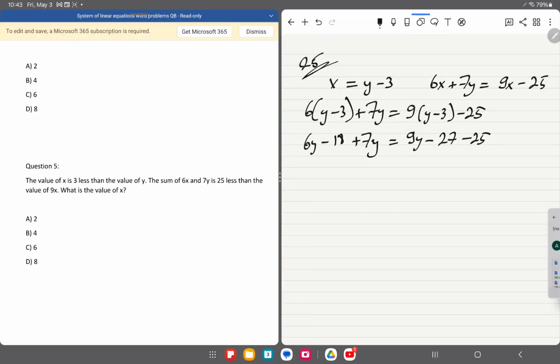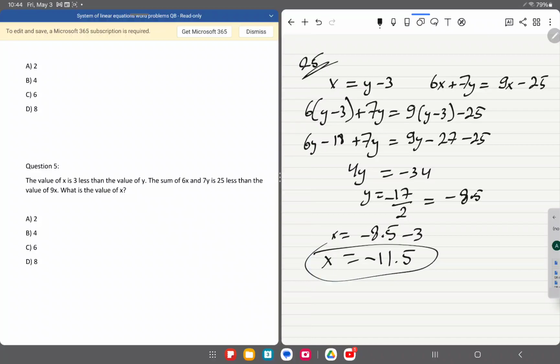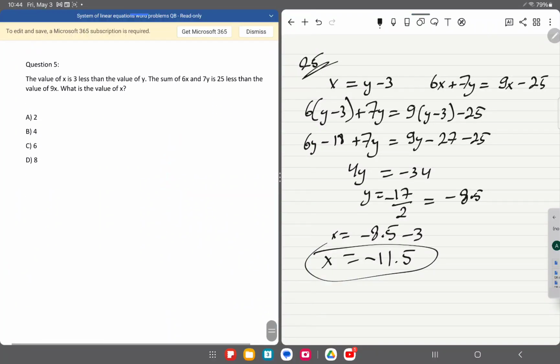Okay, so this one is 4y, this one is minus 34, y is equals to 17 over 2, which is minus 8.5. So x is equals to minus 8.5 minus 3, which is minus 11.5. Okay, guys, these values are not here.